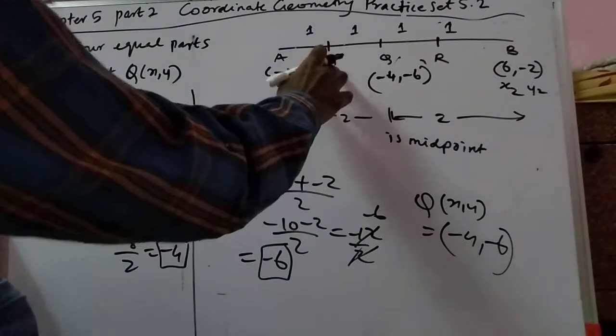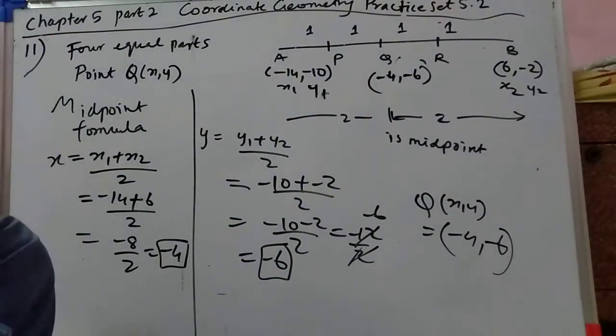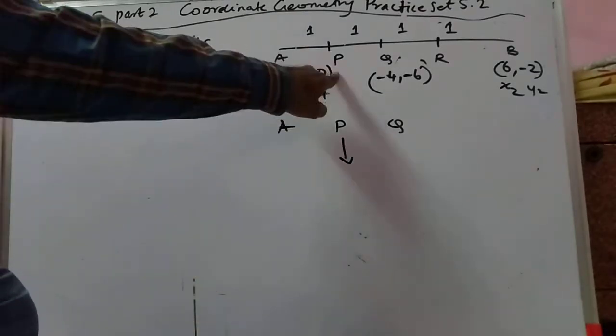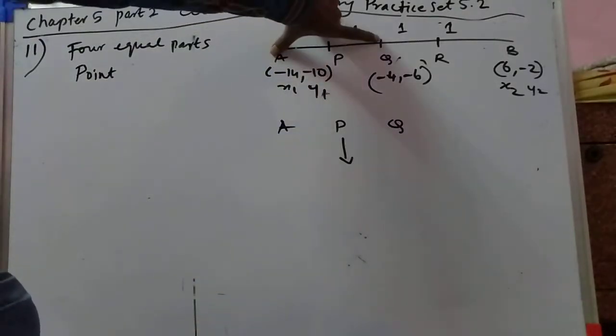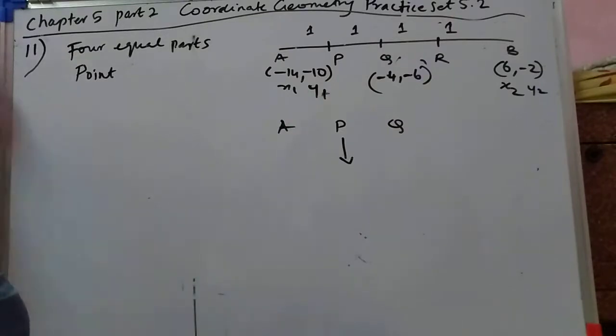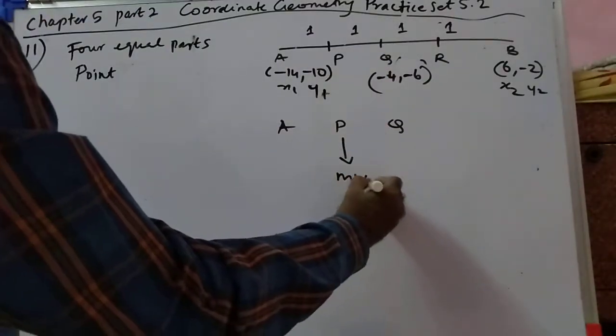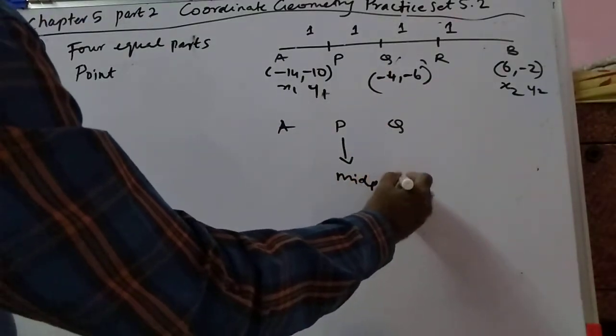Okay, now let's find point P. P is between A and Q. P is the midpoint, so we can use the midpoint formula.